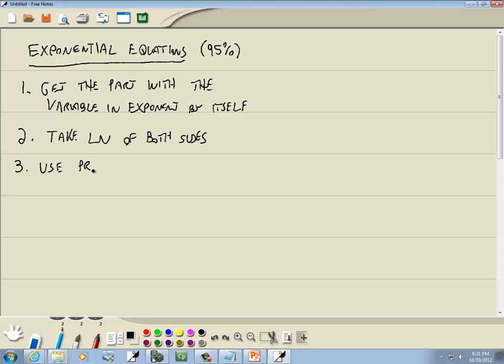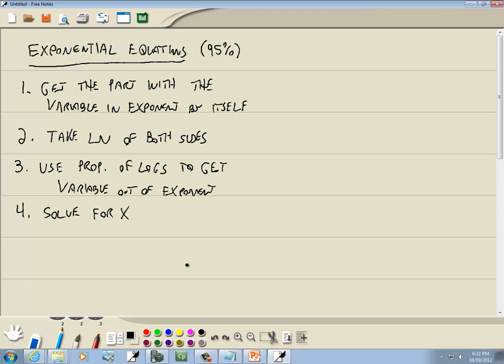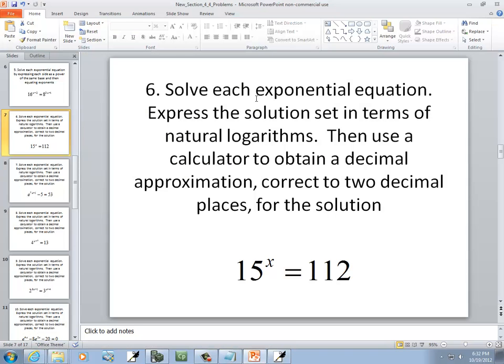Step 3, use properties of logs to get the variable out of the exponent. And step 4, solve for x. And that's pretty vague. We were solving for x initially, but it's probably a linear equation at this point, but it could be a quadratic if you had a bizarre enough problem. But these are the 4 steps we're gonna follow.